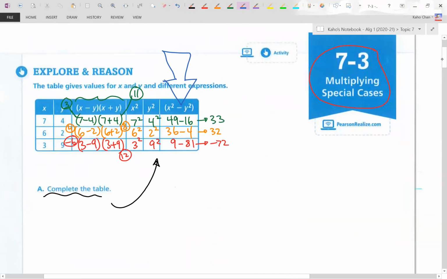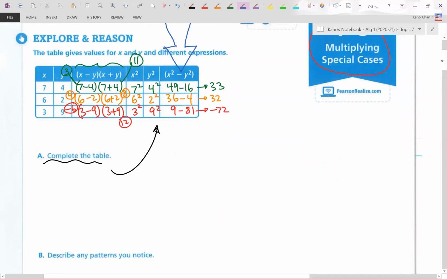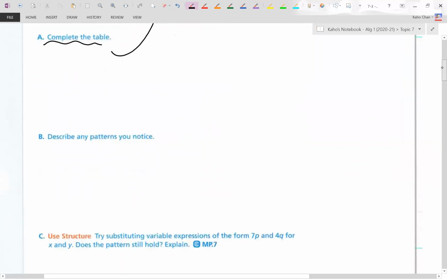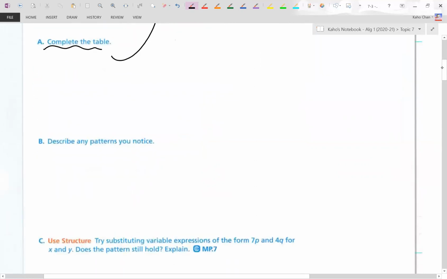We used numbers to show that connection. What if we use actual variables? Let's go to C and describe a pattern. This is what this section is all about, looking for patterns that we notice. When we take x minus y and multiply it with x plus y, this is what happens when we FOIL this.